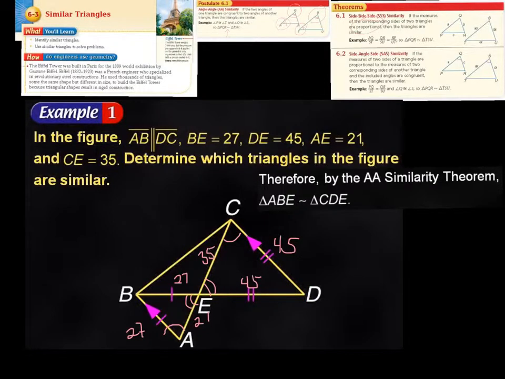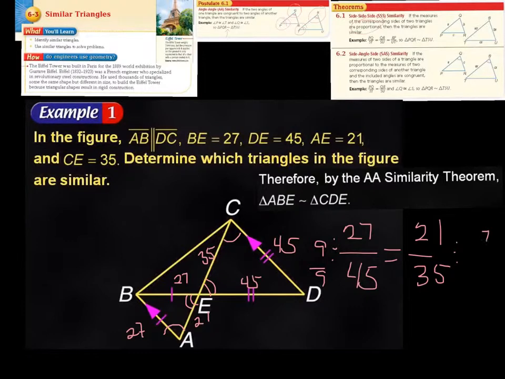Since they gave us these side measures, we could have also found the proportions. So 27, one of the legs of my isosceles triangle in the small triangle, is to 45, as 21 is to 35, and if we divide the first one by 9 over 9, divide the second fraction by 7 over 7, I get 3/5 and 3/5.